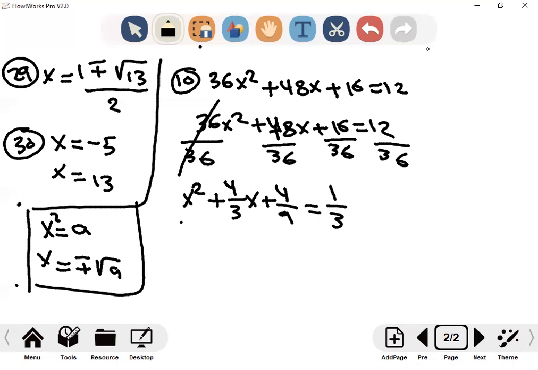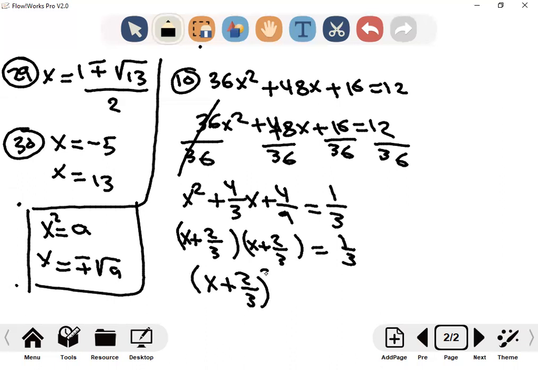So we said x plus the half of this, 2 over 3, so x plus 2 over 3. Check. 2 over 3 multiply 2 over 3, 4 over 9. 2 over 3 plus 2 over 3, 4 over 3. So here x plus 2 over 3 all power 2 equal 1 over 3, right?